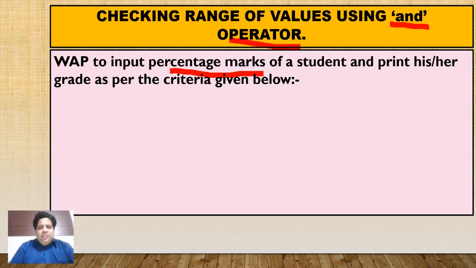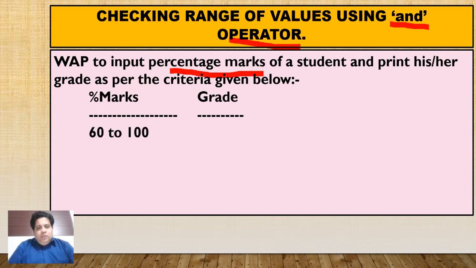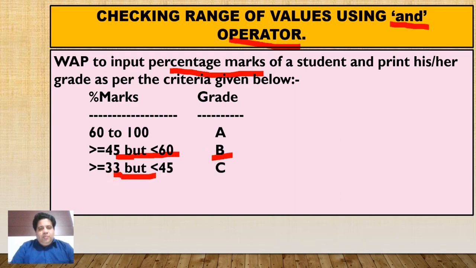Suppose in class 10th in some test, now you have to give a grade: this one got grade A, this one got grade B. The criteria is percentage marks and grade. If percentage marks is between 60 to 100%, it can be in points also, then you will give grade A. If it is greater than equal to 45 but less than 60, grade B. If it is greater than equal to 33 but less than 45, grade C. And if it is below 33, it is grade F.